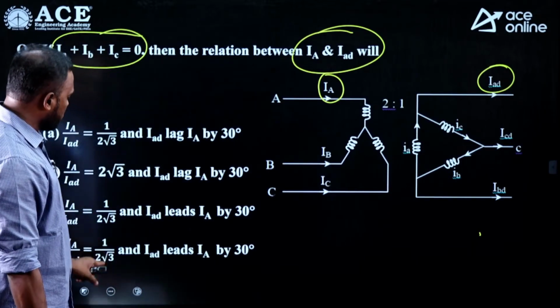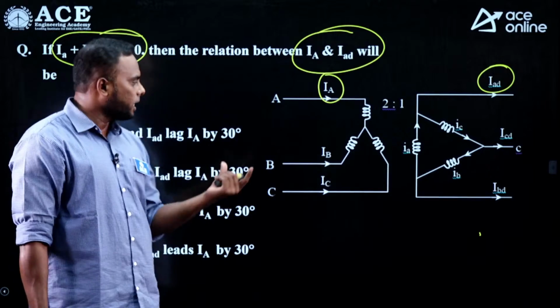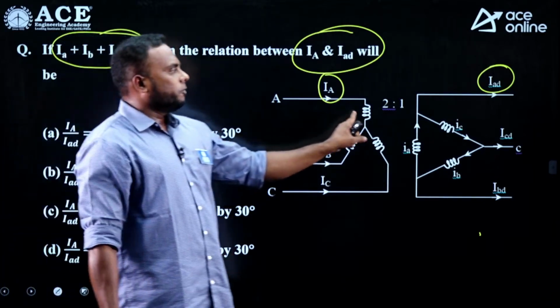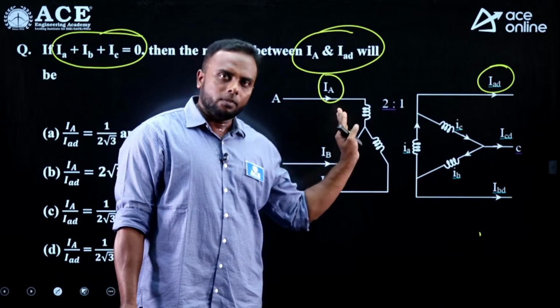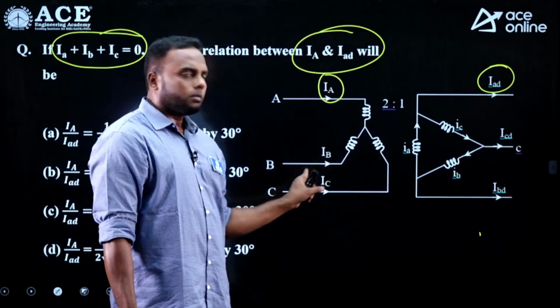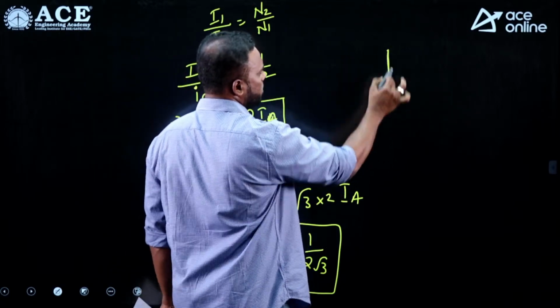Now there are options with 1 by 2√3. 3 options are there here. Now we have to find the angle also for this. So how to find this angle? Very simple. Phase currents will be in phase on primary and secondary. Let capital IA, IB, IC, let us follow any one sequence.